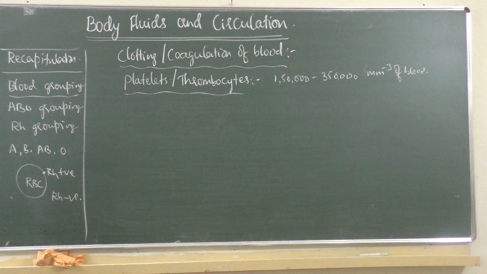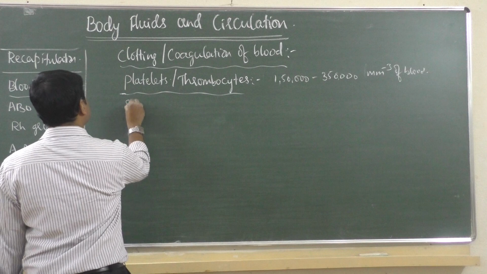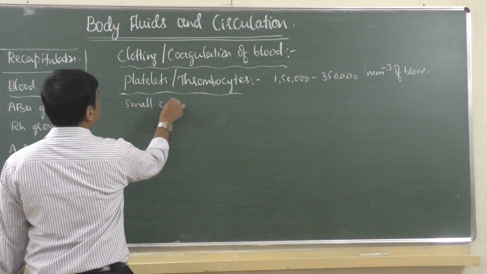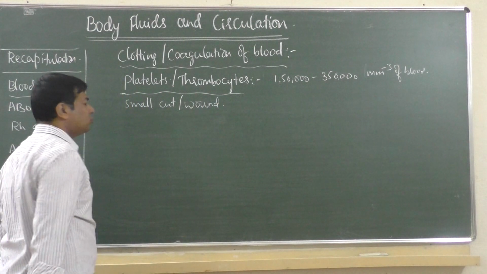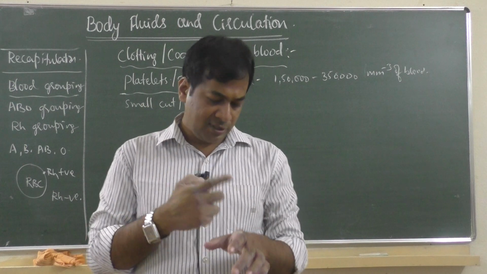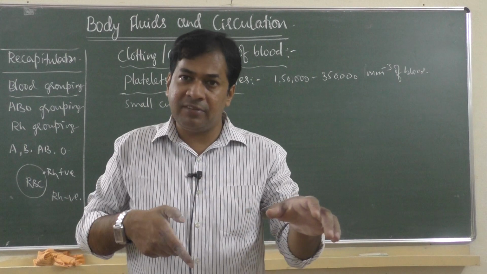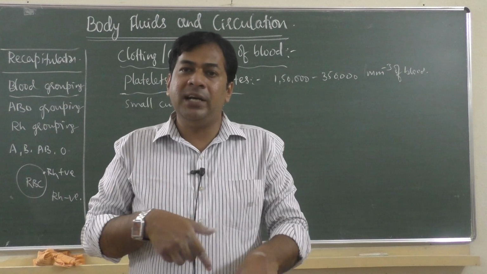So how does it help for clotting? If there is a small cut or a wound, like if I take a knife or blade and cut myself here, then blood starts oozing out, bleeding starts.